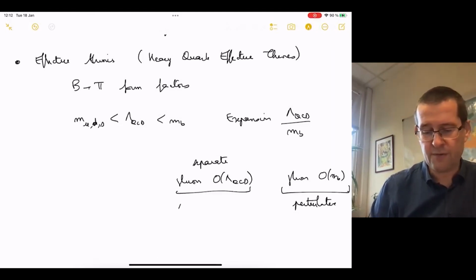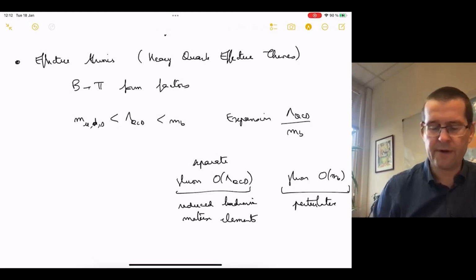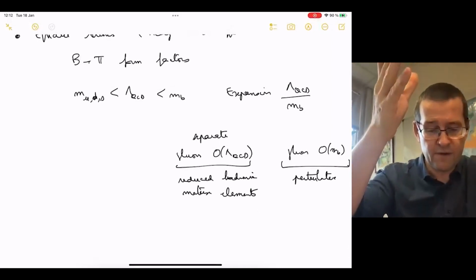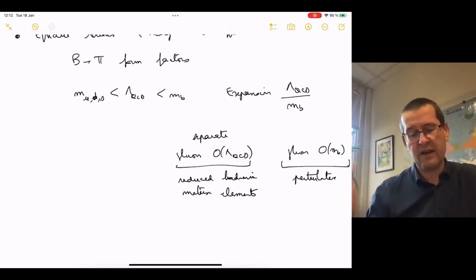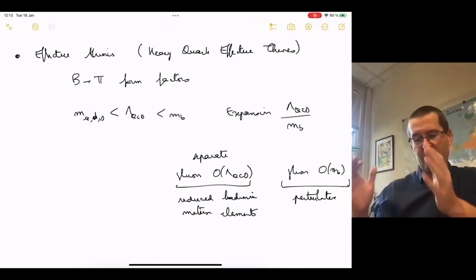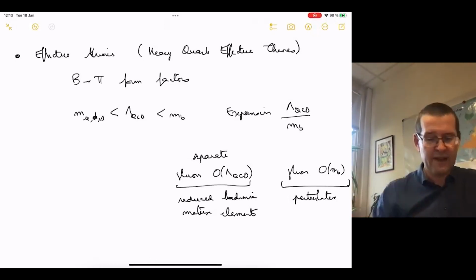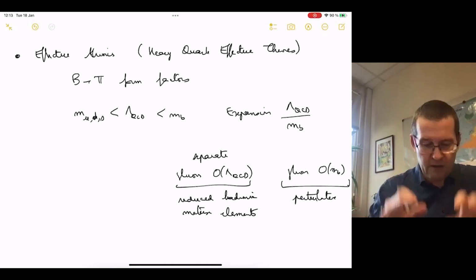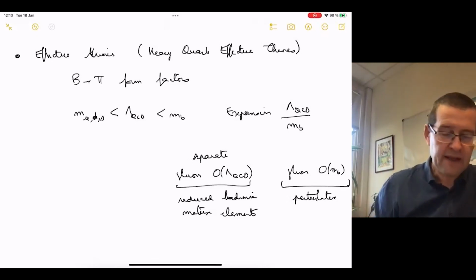These ones will go into reduced hadronic matrix elements. So it's one step further in the reduction that we already did when we have the short distances coming from the electroweak theory and the long distances coming from anything below m_b. We can say something a bit more subtle by saying, okay, if there is a heavy quark, then we can still separate and further put in the perturbative part some of the elements of the form factors and get reduced hadronic matrix elements that are really very low scale, very low energy, strong interactions.